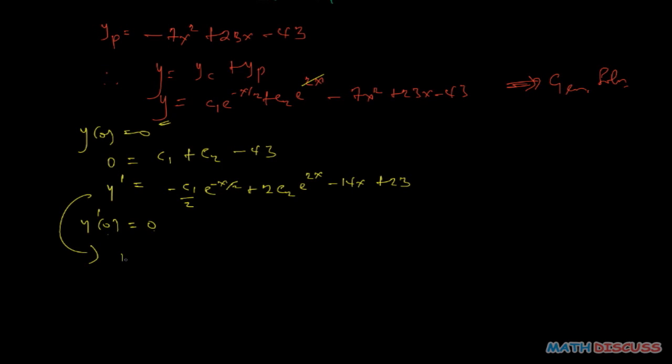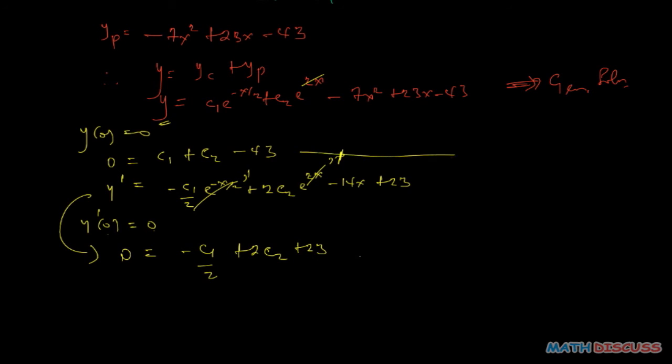So that is minus c1 all over 2, this goes to 1 when x is 0, this also goes to 1 because 2 times 0 is 0, so e to the power 0 is 1. So plus 2c2, then plus 23.